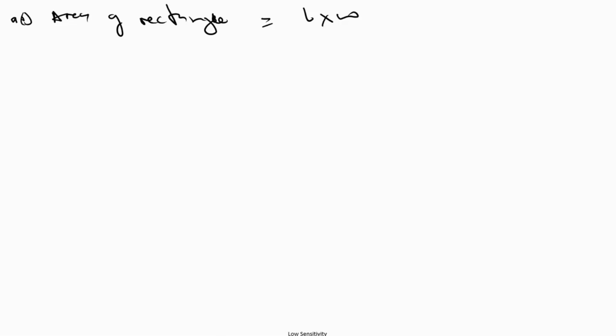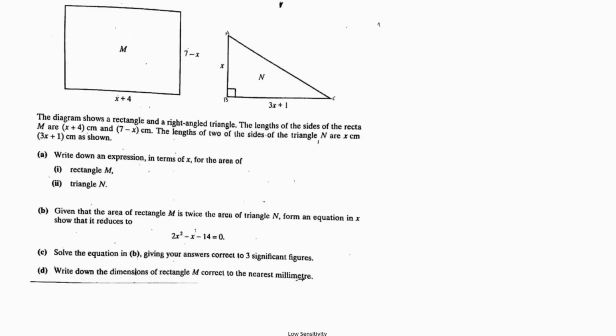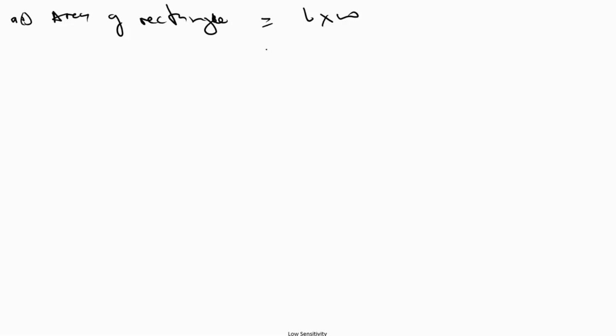We already know that. What is our length? x plus 4. Our width is 7 minus x. So that's the first question there.